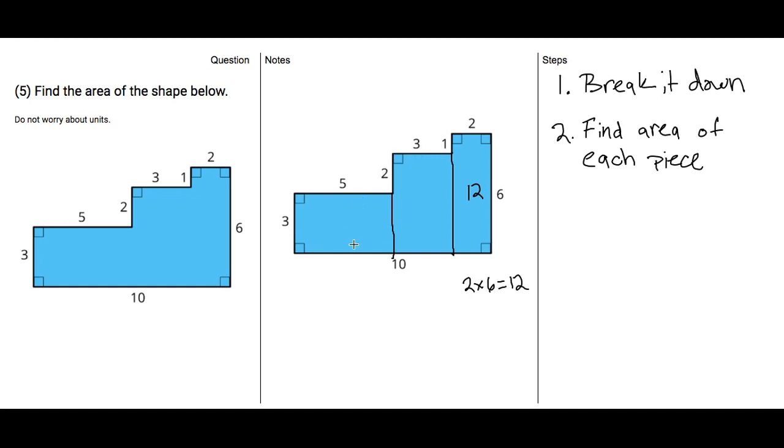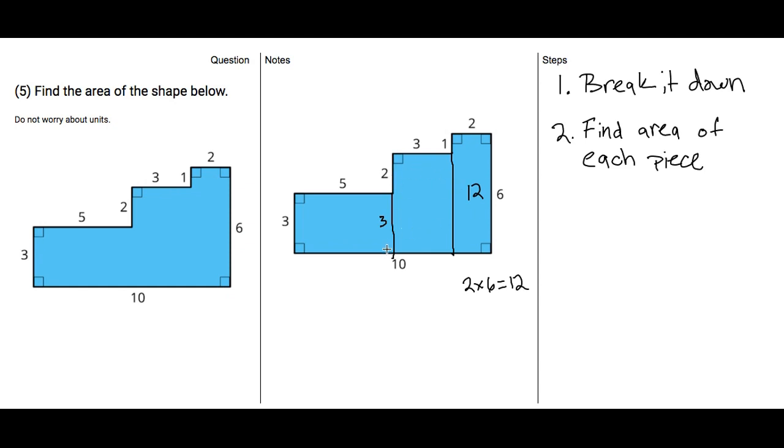Now what we need to find out is, okay, what are the dimensions of this one? We know that it's 3 this way, so our 3 is our width here, but what's our length? Since we have a rectangle here, this one is 3 by 5, since it's a rectangle and the opposite sides are equal. In this case, this piece is 3, and this piece is 2.